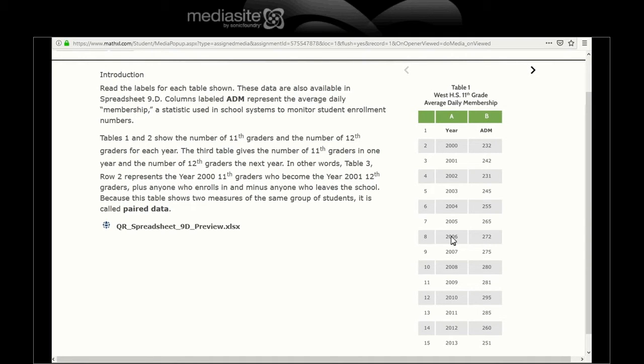In the year 2006 it was 272, and in 2013, 251. 12th grade was again 2000, 191, and so forth. So we have the given year and the number, the average daily membership of 12th graders.